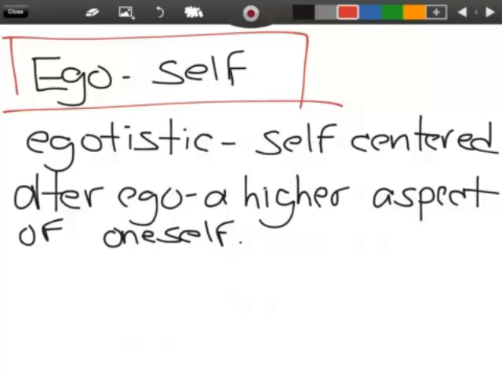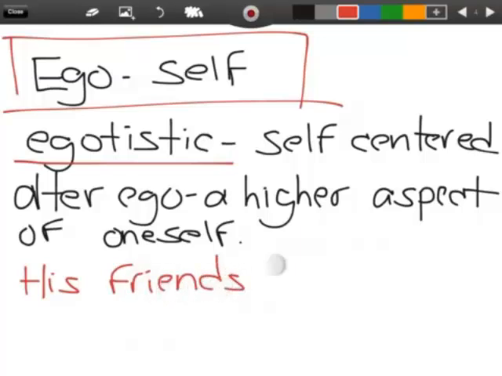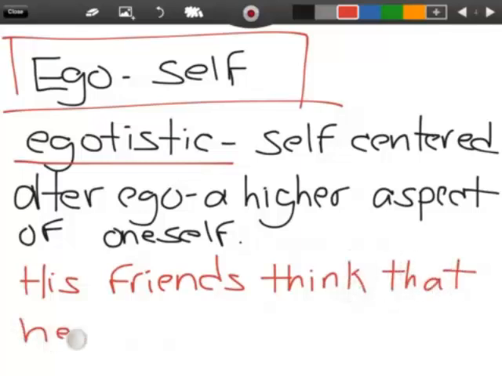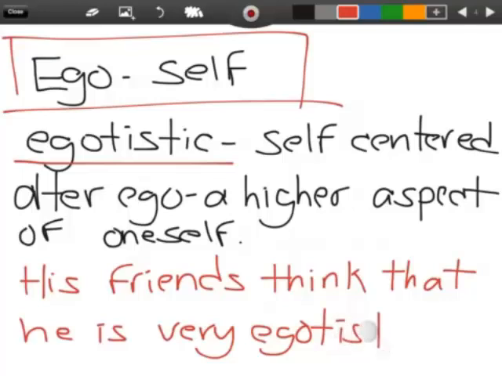I'm going to go ahead and use egotistic in a sentence. I'm going to say, his friends think that he is very egotistic.